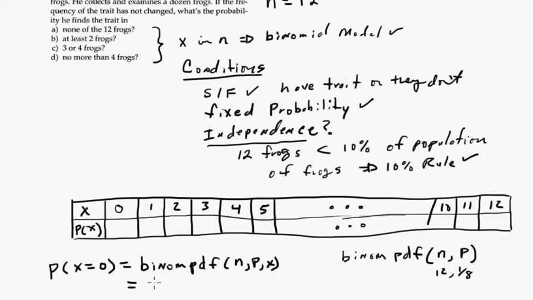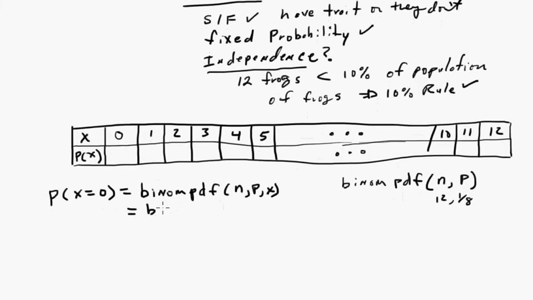I'm just trying to give you the theoretical right now. So binomPDF of 12 and 1/8, and x would be 0. Okay, and if you do that, I'll have to do it real quick.